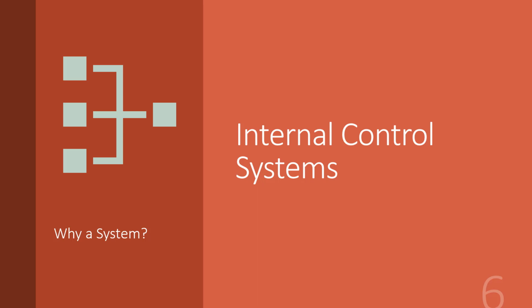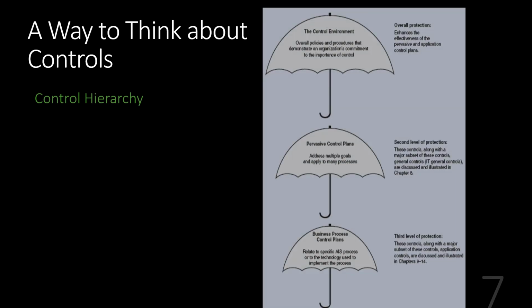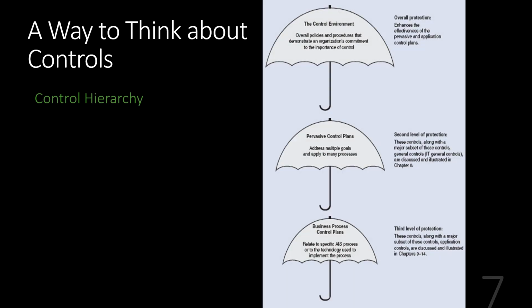All right, let's talk a little bit about internal control systems. One way we can think about controls is as a hierarchy of layers of protection, and each layer covers more or less of the organization.